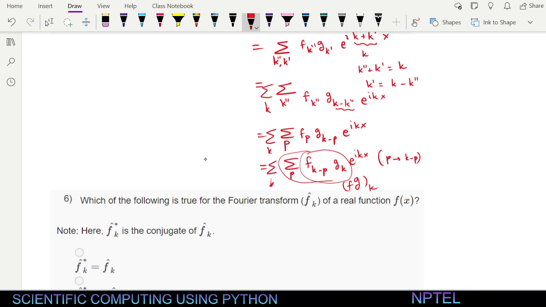So this is the sum over k, right? And this we can write as the sum over k of (fg)_k e to the power ikx, right? And one thing we know about this Fourier basis is that, well, it is a basis. So if two functions are equal, their coefficients are also equal.